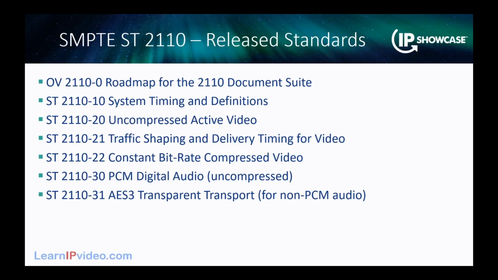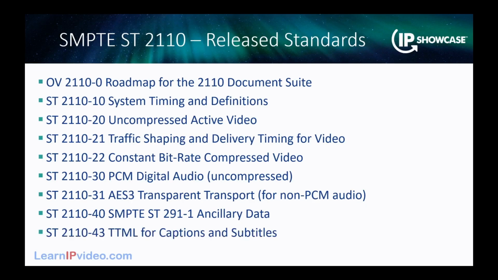That's some special applications. 2110-40 for our ancillary data. And 2110-43 is a special one for TTML captions and subtitles, a special category that needed a unique way to handle the ancillary data. These are all of the released specifications in the 2110 suite.